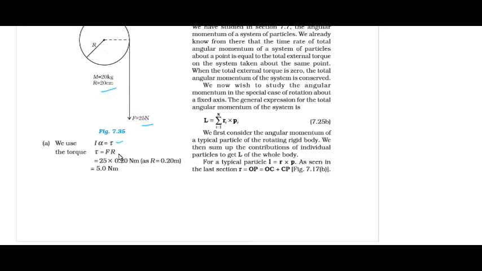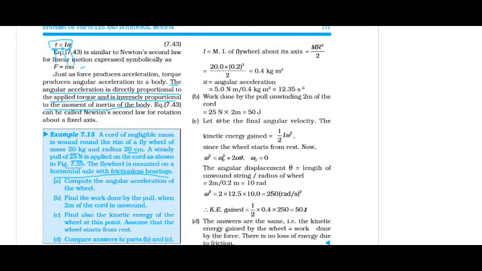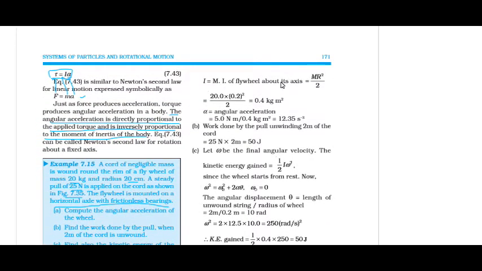Torque is equal to F r, that is 25 multiplied by 0.2, which is equal to 5 Newton meter. Now, the moment of inertia of the flywheel about its axis is m r square by 2. Putting the values, we get 0.4 kg meter square.